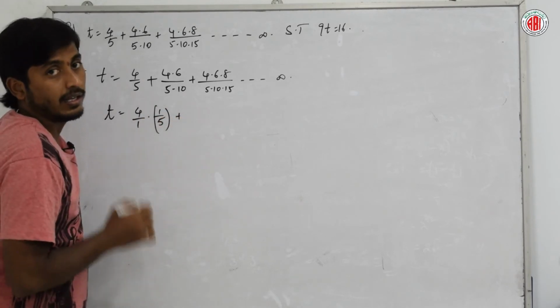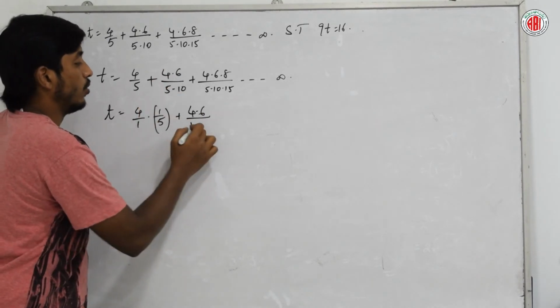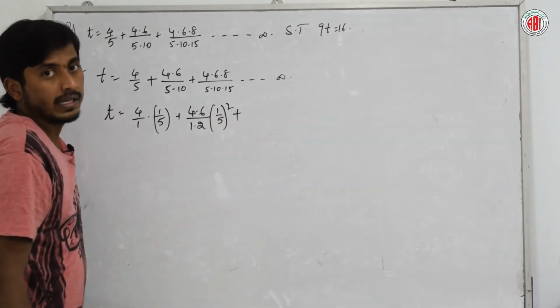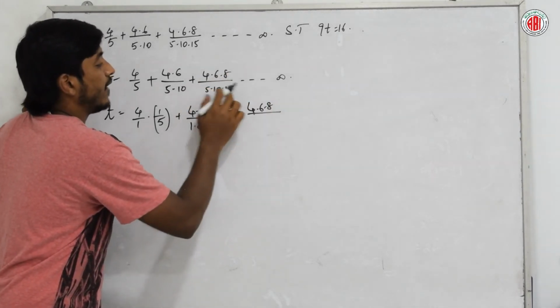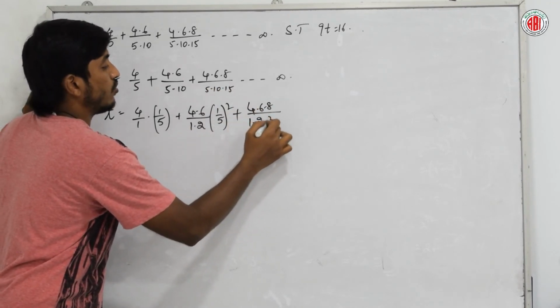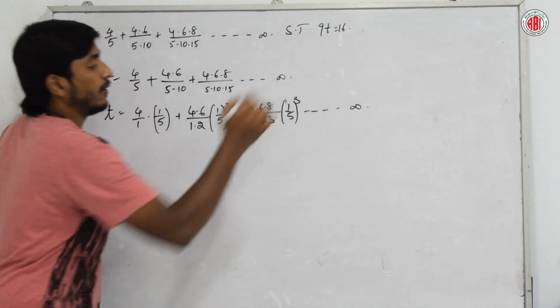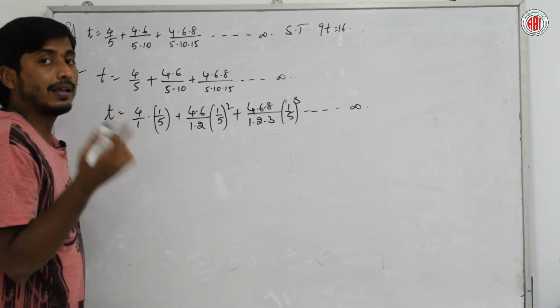Is it right? Here 4 into 6 by 1 into 2 into 1 by 5 whole square. Yes, here 4, 6, 8 by 1, 2, 3 into 1 by 5 whole cube and so on up to infinity. Is it clear?